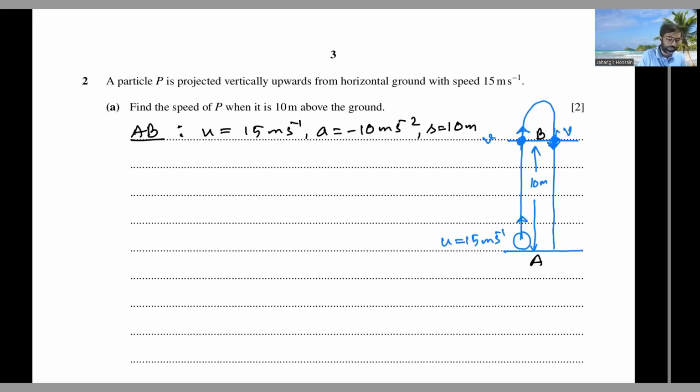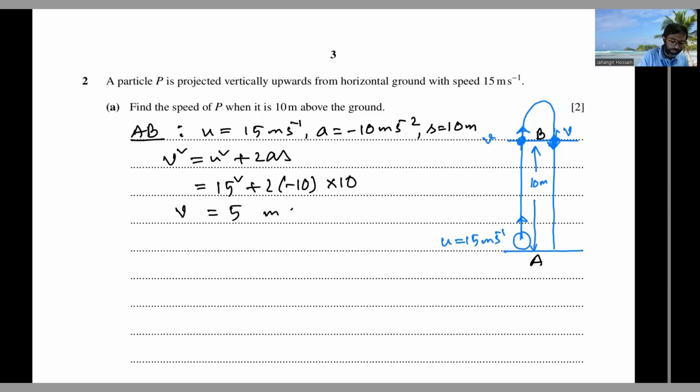We need to find v. Linking these four parameters, we have the formula v squared equals u squared plus 2as. Well, u is 15, a is minus 10, s is 10. So v is 5, or minus 5. Since we are calculating the speed, v is plus 5.